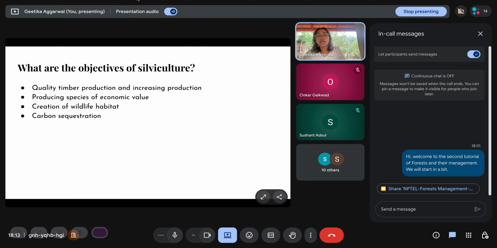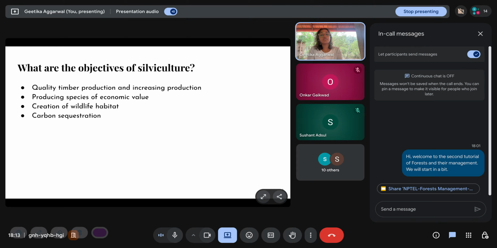And then another objective could be carbon sequestration. I want to maximize the amount of carbon that can get sequestered in the particular forest. Because these days we have a lot of pollution, we have a lot of carbon dioxide in the air, it's entirely possible that we want to have a stand of forest, just undisturbed forest, but we want to have such trees which can have the maximum amount of carbon sequestered in their biomass.